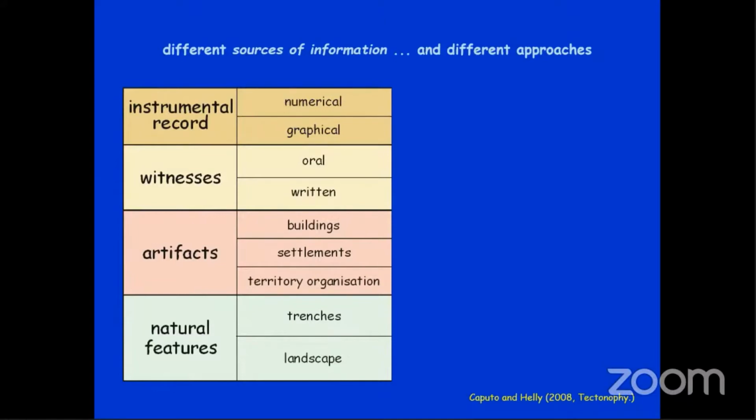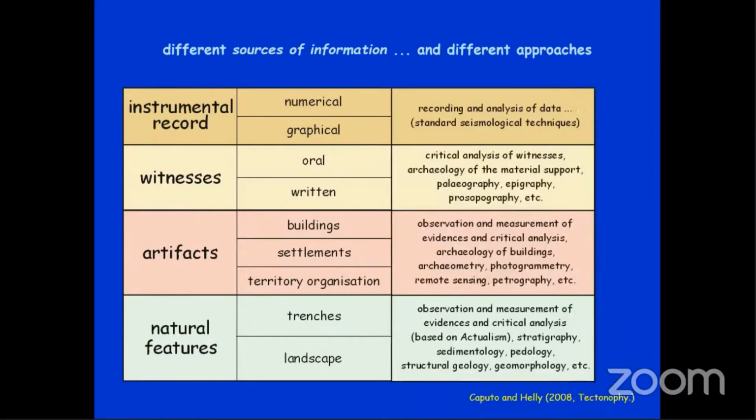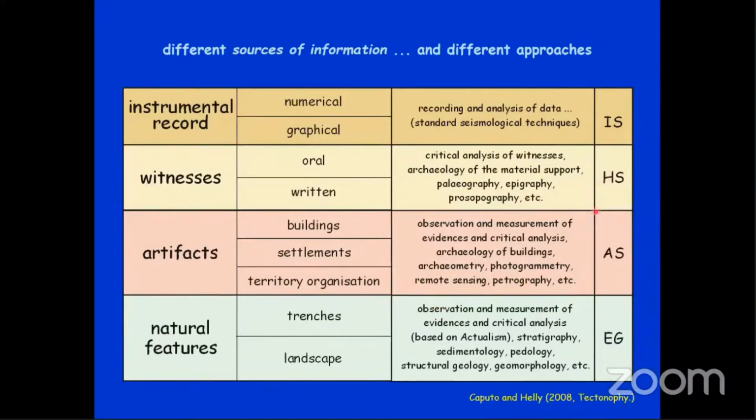We could say that earthquakes are certainly complex polyhedric phenomena where each facet of the solid represents a distinct source of information, and each source of information should be approached with the proper tools and methods, the proper assumptions, the proper expertise, being aware of the different resolution and the different degree of uncertainty each of these disciplines could provide. For example, instrumental, historical, archaeoseismological approaches, and earthquake geology. Earthquake geology in its broadest sense, earth sciences, if you want.